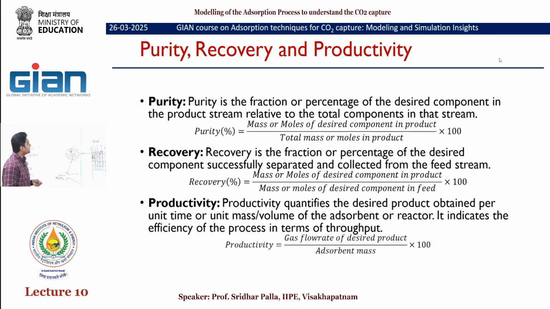This quantifies the desired product obtained per unit mass or volume of the adsorbent. This can be calculated from the gas flow rate of the desired product to the adsorbent mass, how much adsorbent you are using. Okay. So these are very important terms that we use in CO2 capture by the adsorption technique.